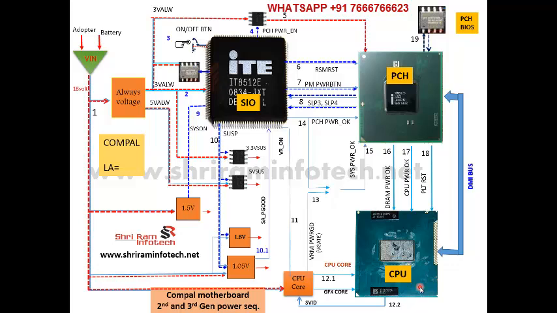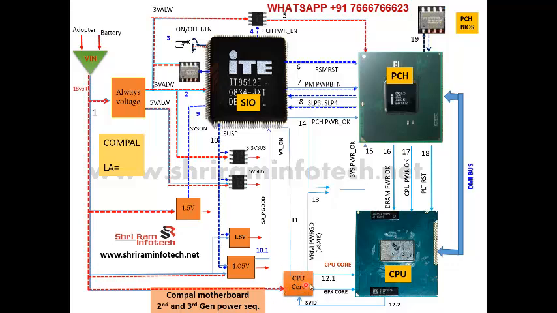Okay, CPU and PCH 1.05 voltage. This 1.05 voltage is given to the CPU and PCH, and the power good is given to the SIO. Once the SIO gets this signal, it turns on the VR on voltage and core voltage will be generated.